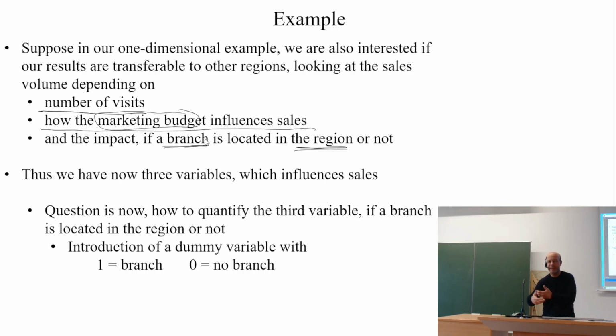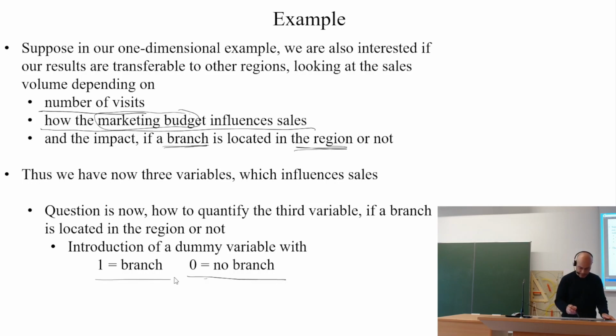Well, I cannot feed a verbal statement into a regression, but what I can do is identify if I have a store in a town, then I say, in this case, I have a data value of 1, and if I have no store in the city, then I model this with a 0.